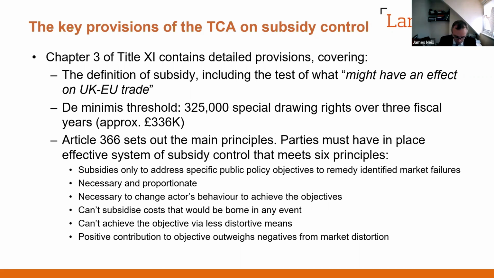There were 6 principles in the TCA, including the principles of necessity and proportionality, and the need for the authority to satisfy itself it can't achieve an objective via less distortive means, and then the need to ensure positive contribution to the objective outweighs negatives from market distortion.